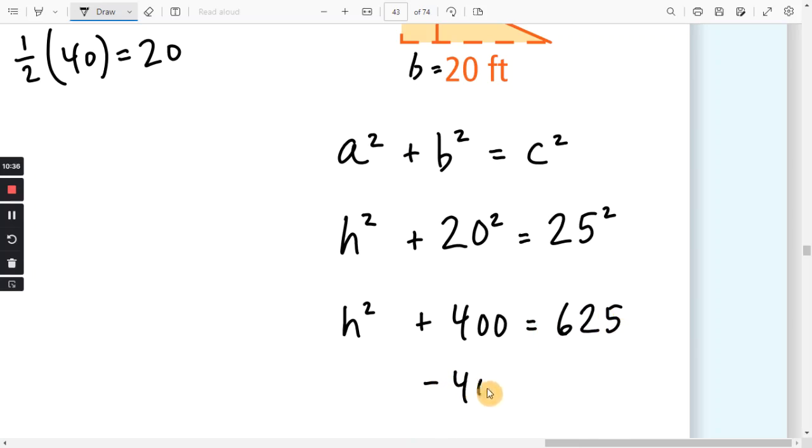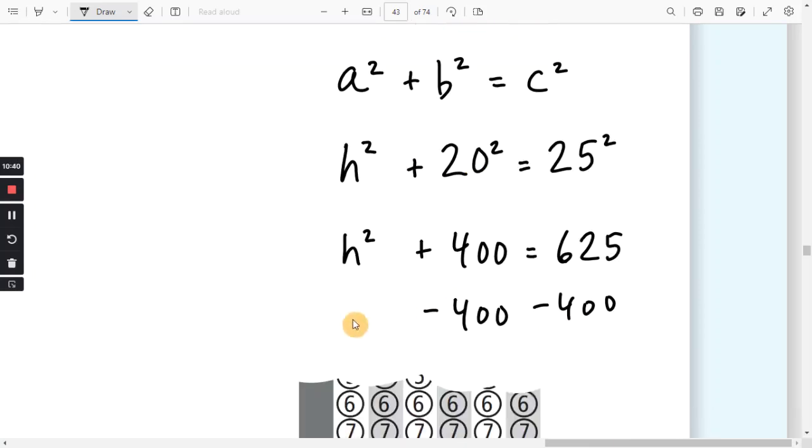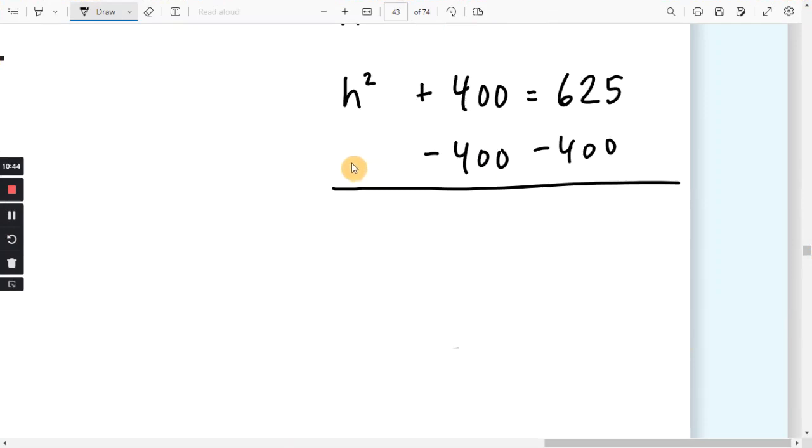Subtracting 400 from both sides. Bring down the h squared. 400 minus 400 cancels. Bring down the equals. 625 minus 400 is 225.